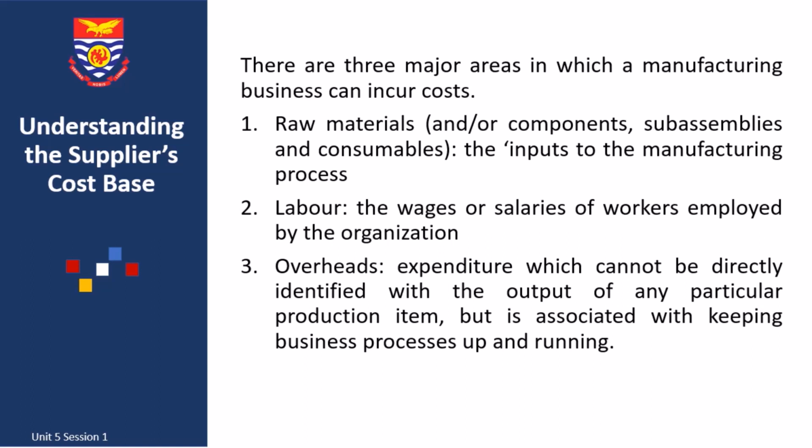The third area is overhead. This is the expenditure which we cannot directly identify with the output of a particular production item, but is associated with keeping business processes up and running. From your principles of accounting, you were taught overhead costs, which are costs the organization cannot directly associate with the product.